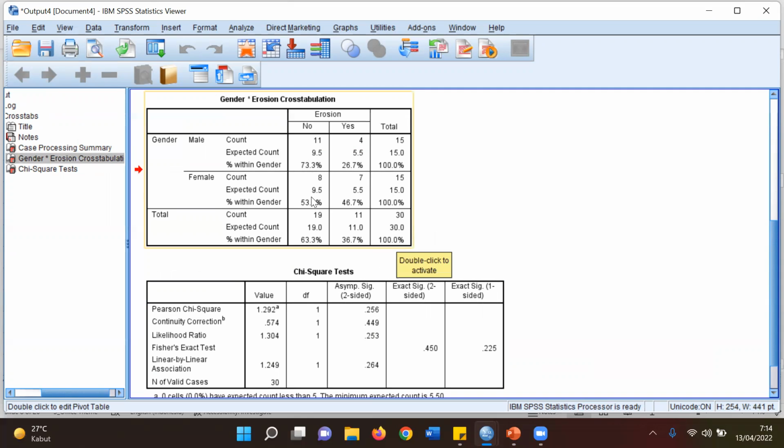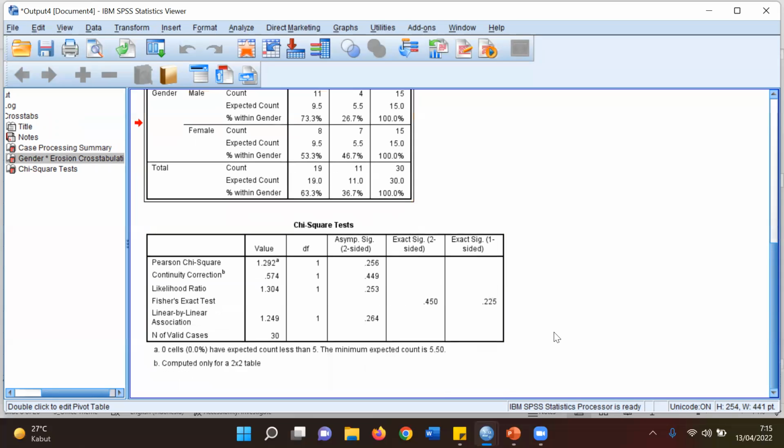And there are, here you can see 53% have no dental erosion for female, and yes, 46% of dental erosion. Statistically, it seems that 73, 26, 53, and 46 don't seem that there are statistically significant difference between the number of female or male that has or don't have any dental erosion.